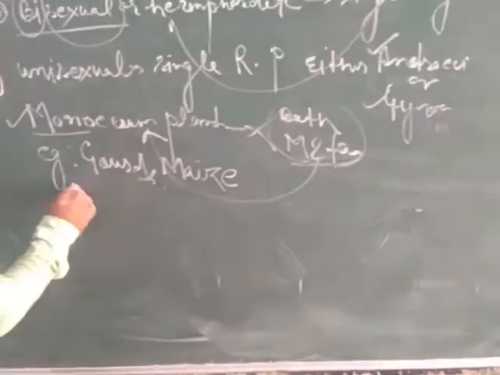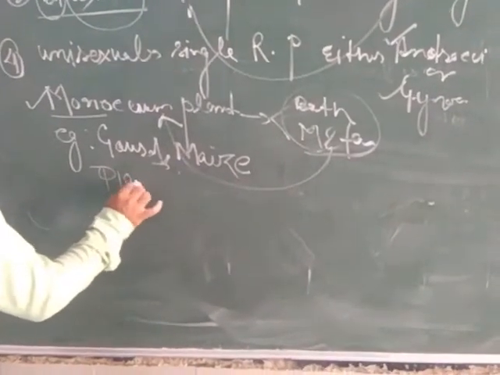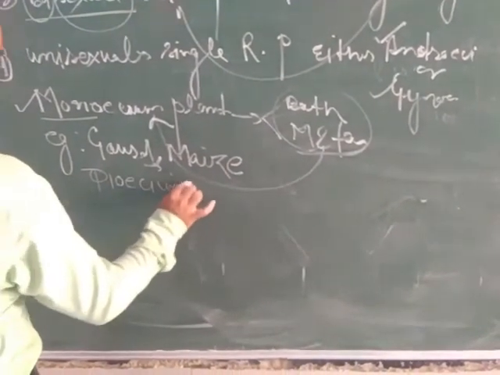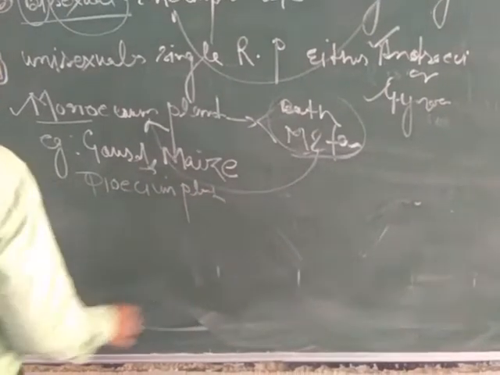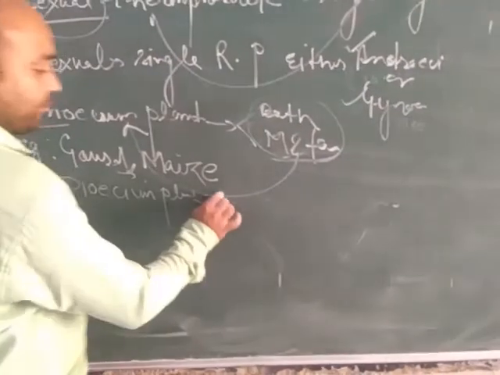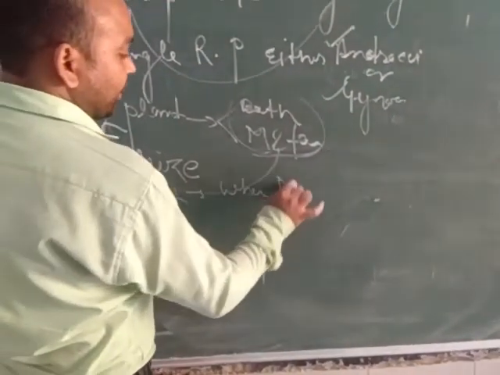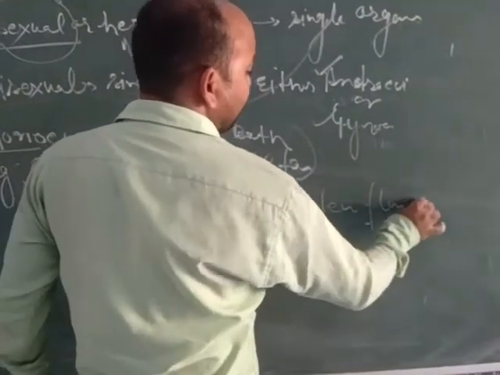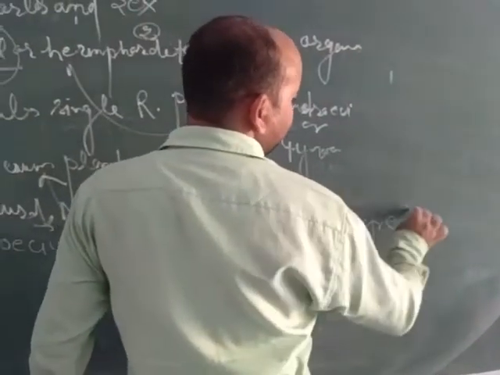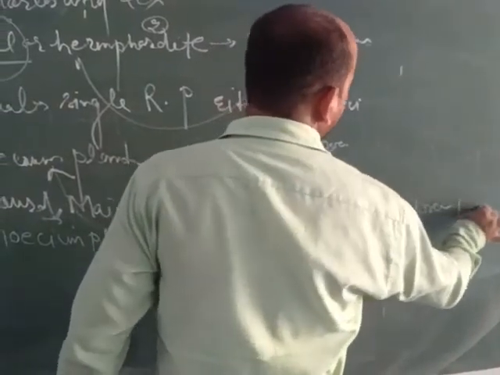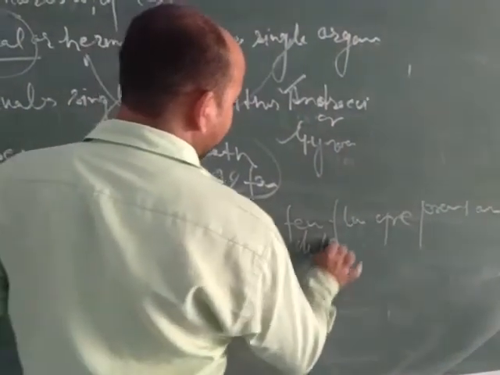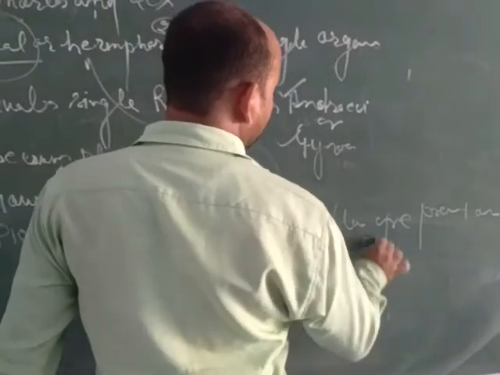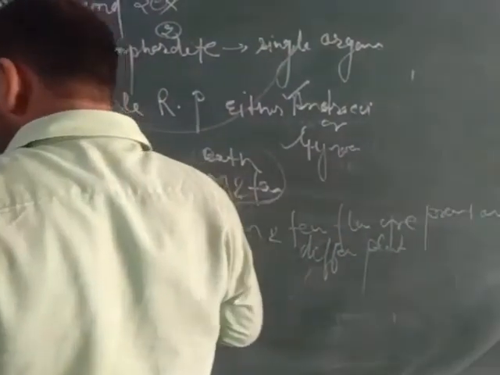Now dear students, the second type is dioecious. Dioecious plant means that male and female flowers are borne on different plants. When male and female flowers are present on different plants, this condition is called dioecious.